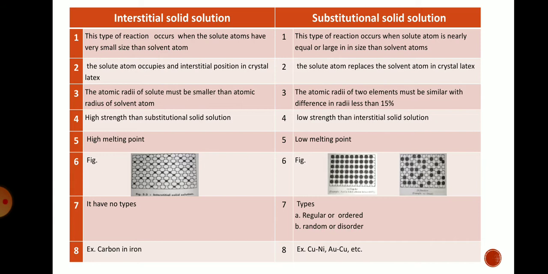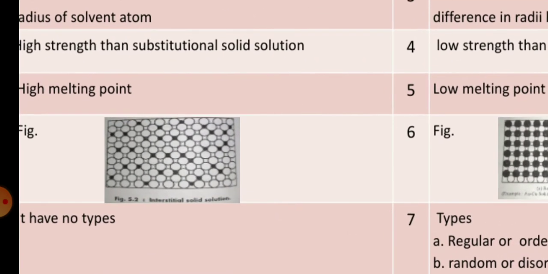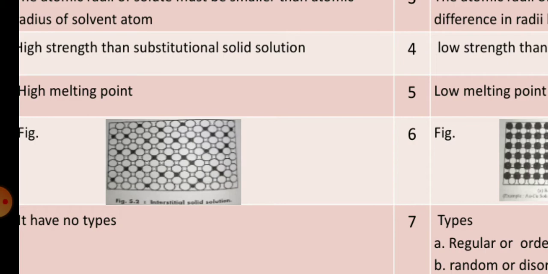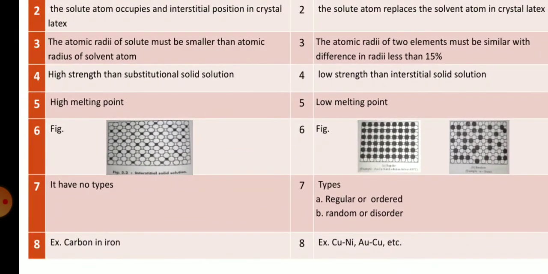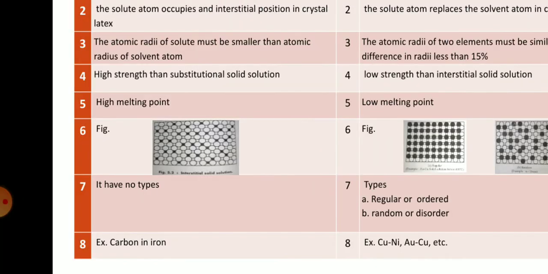As shown in the diagram, you can observe the lighter portion is of the atoms of the solvent element and the darker portion is the solute position in the crystal lattice.